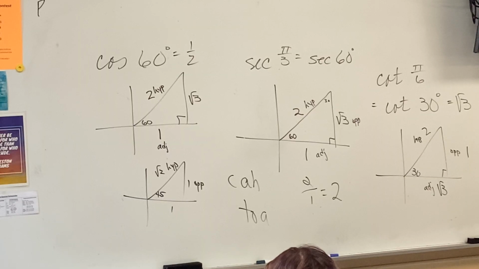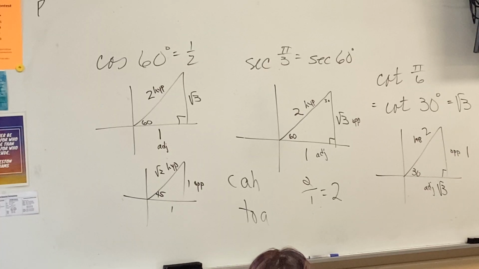Problem A says I need a secant. Do I have a secant button? No, I do not. I have 3 trig buttons, sine, cosine, and tangent. That's all I've got. So, in order to type a secant, I have to remember what a secant is. Who remembers?